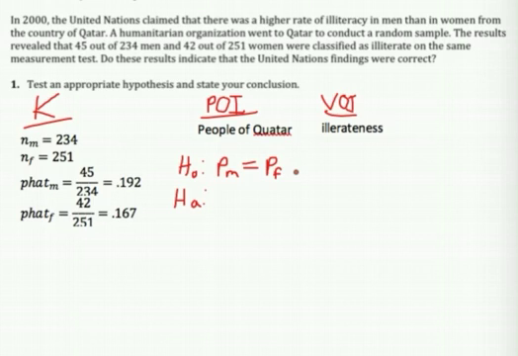And we want to test what? They claim there's a higher rate in men, which it looks like that's what happened in our sample. You can always look here for guidance, but they specifically wanted to know if this is bigger than this. So it's a one-tail test, okay?